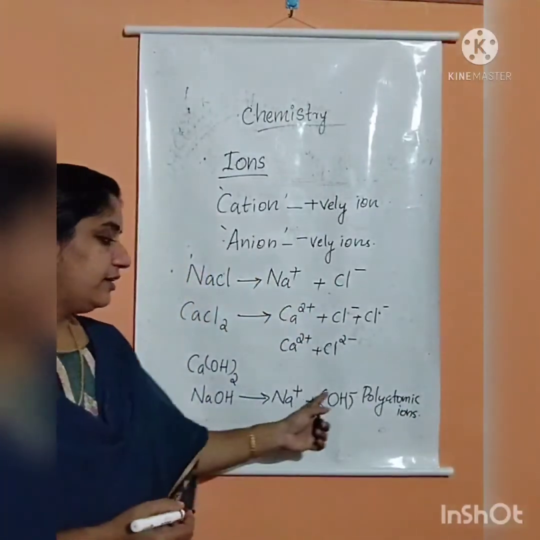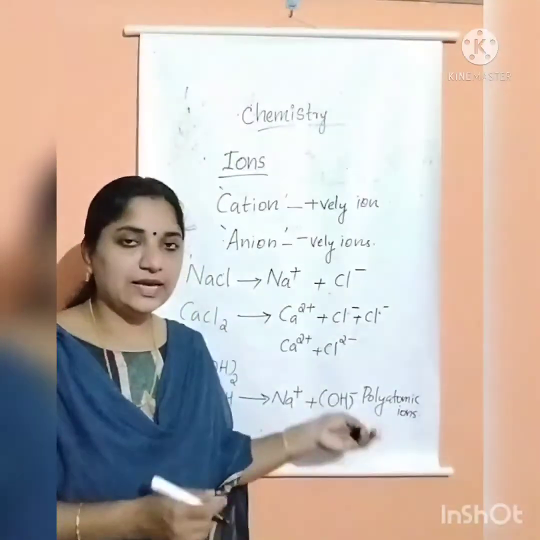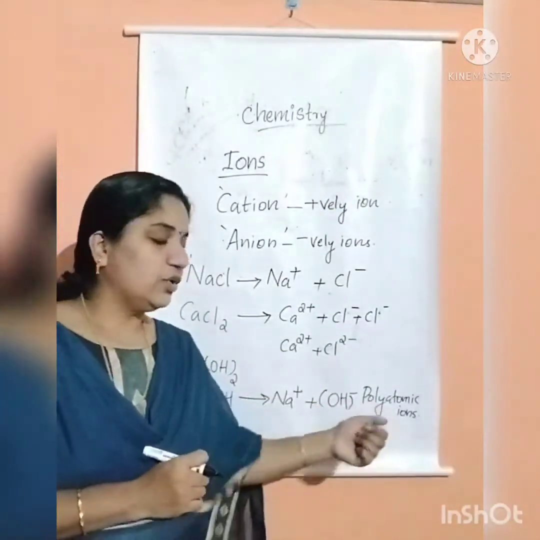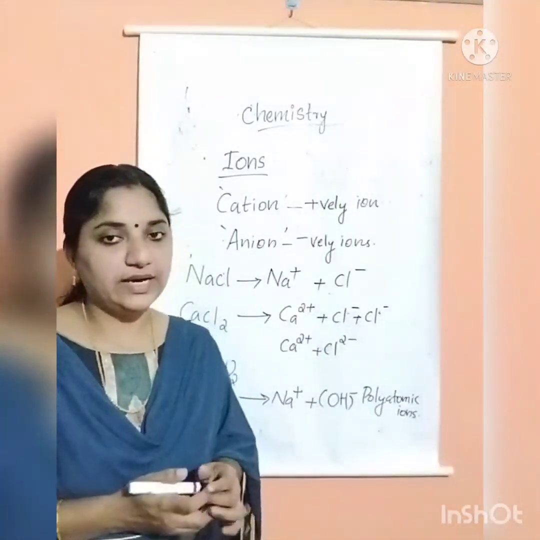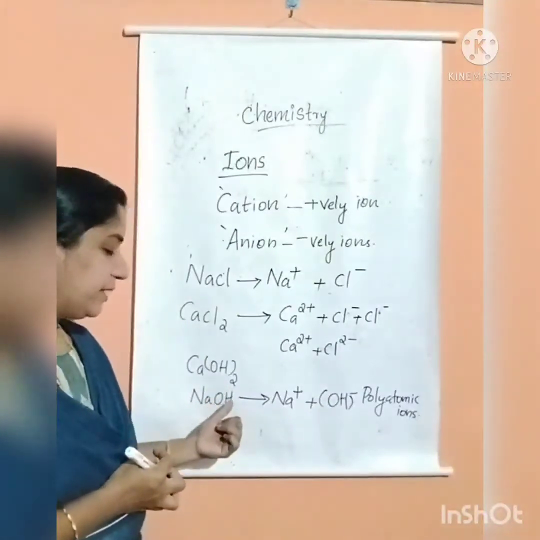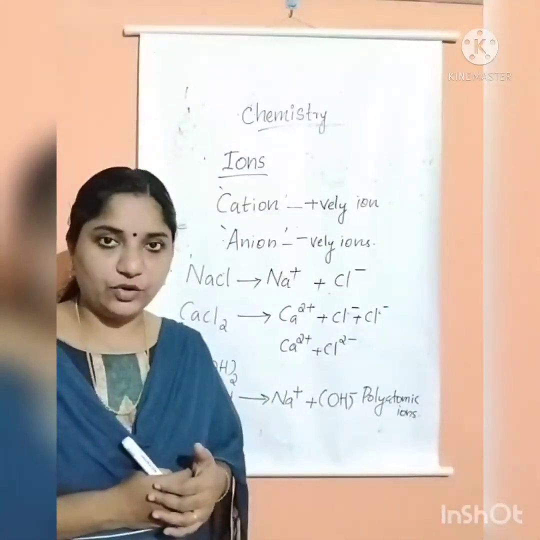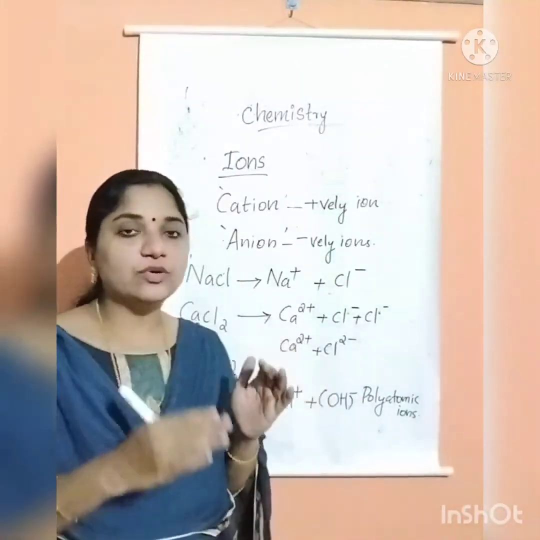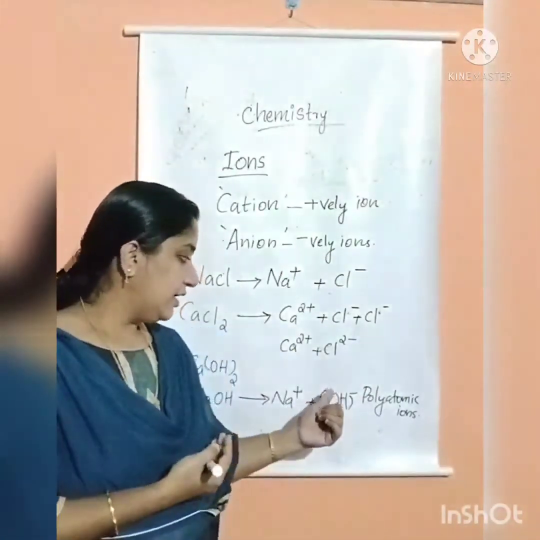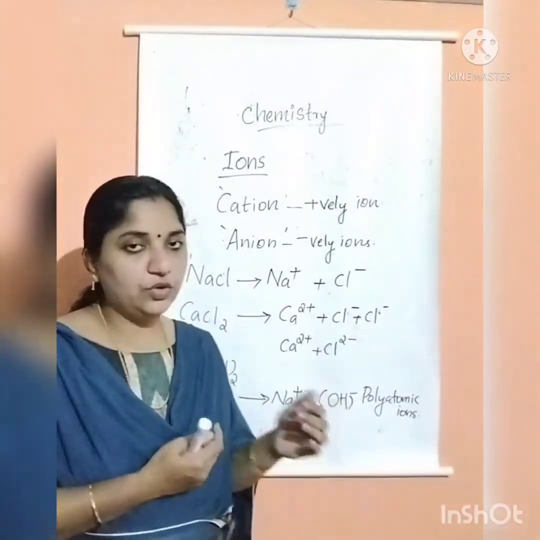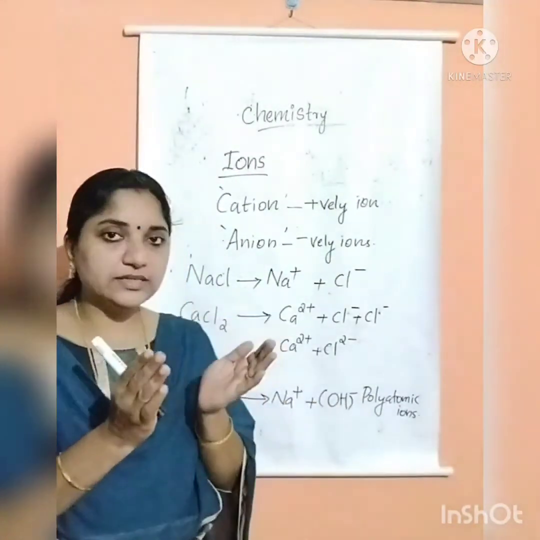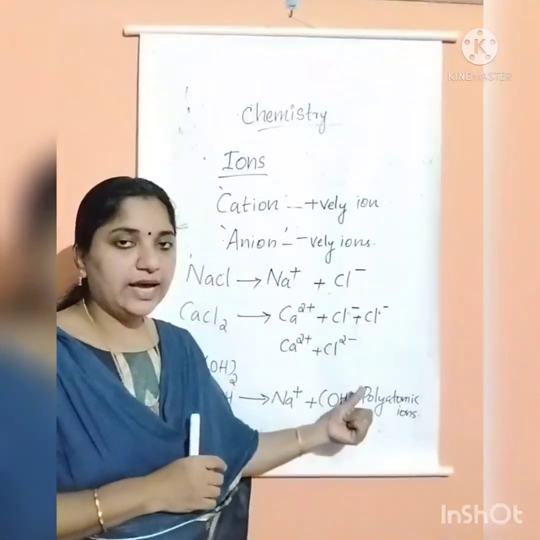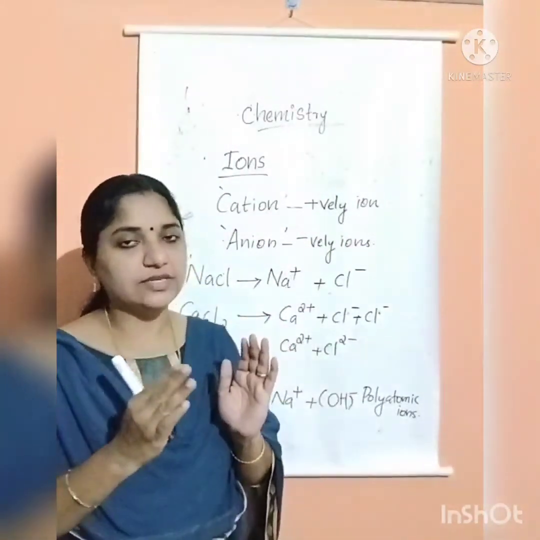Children, here we can see two atoms and they are having one charge, so it is known as polyatomic ions. Sodium hydroxide is an ionic compound. Here sodium is a cation, and the hydroxyl group has a negative charge, but hydroxyl means there are two atoms, oxygen and hydrogen, and together they have a negative charge.